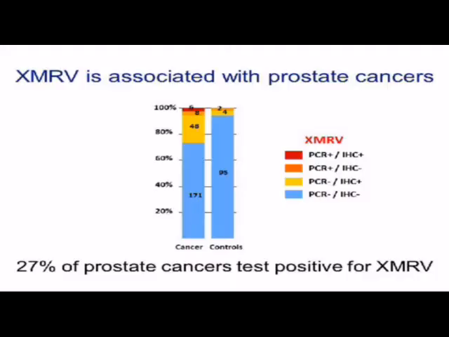Prostate cancer usually develops in the periphery of the gland. So these might be people who already have prostate cancer, and we wouldn't know it at the time that these samples were taken. So there are many explanations for this 6%. But the important take-home is that 27% of the cancers tested positive for XMRV. So for the first time, we showed that there was a difference between the test population with prostate cancer and the controls.